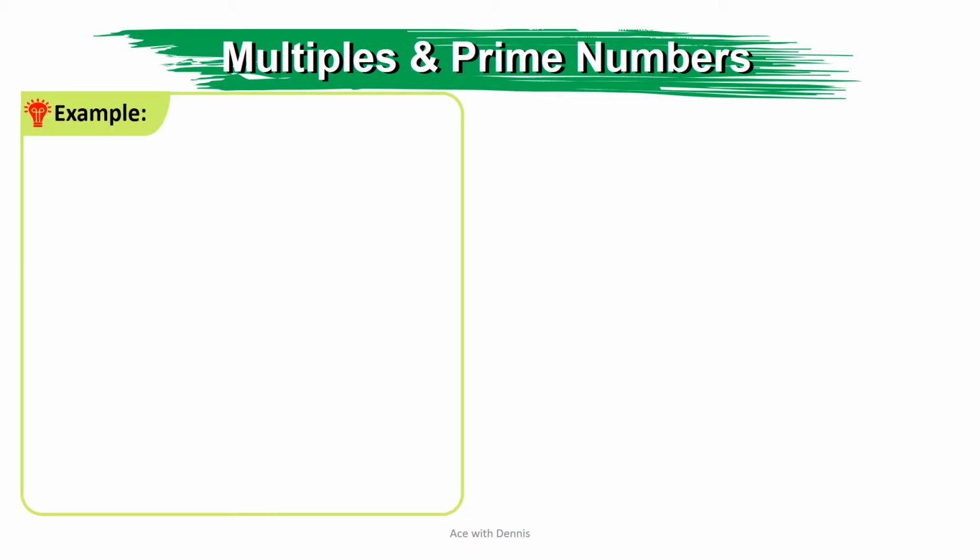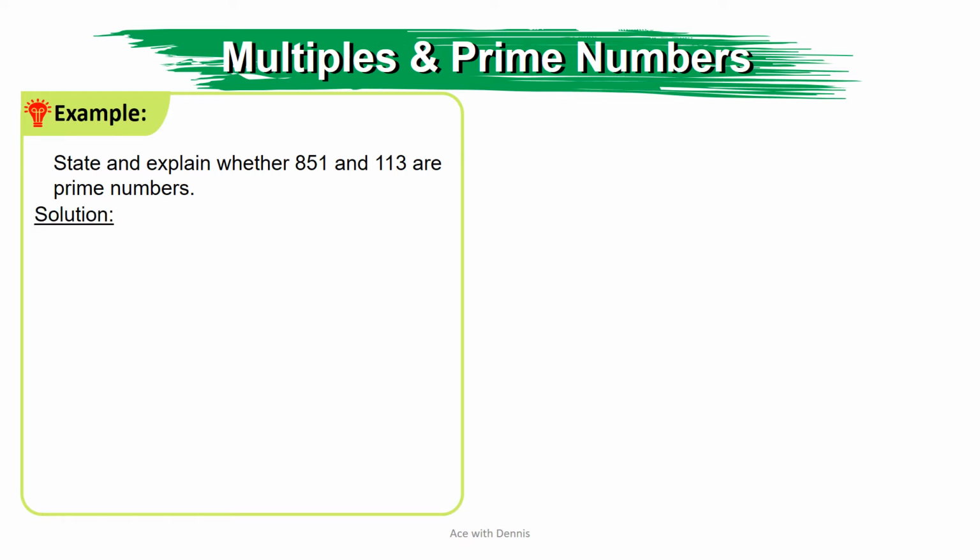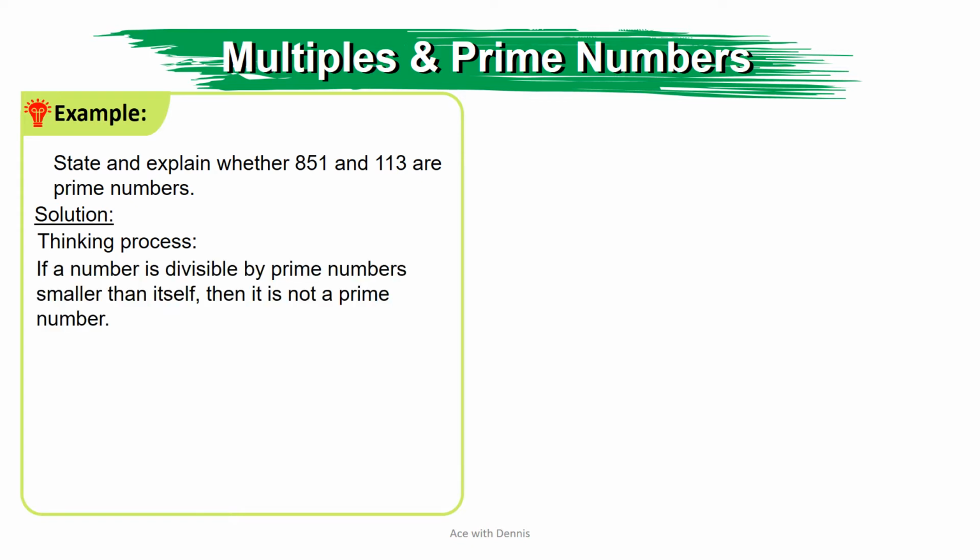Let's look at this example. State and explain whether 851 and 113 are prime numbers. Here is the solution. The thinking process is, if a number is divisible by prime numbers smaller than itself, then it is not a prime number.